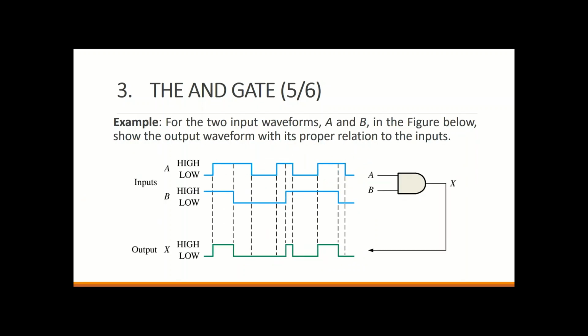Sometimes the inputs may not be as clear as we think, so the timing diagram may not exactly match. Look at this example. We have one here, high here, but it's not up until the edge here.